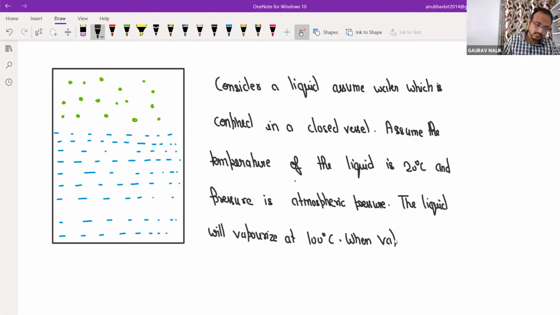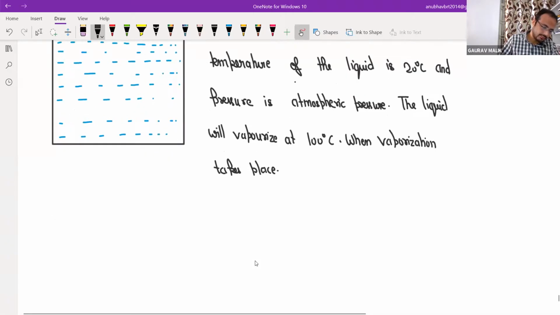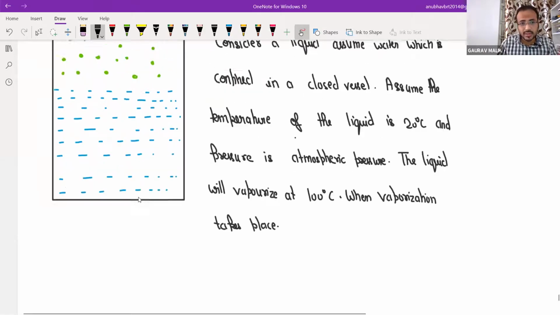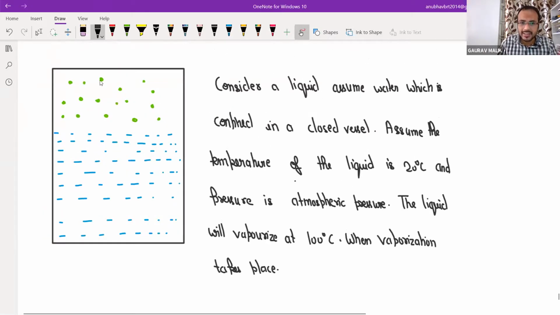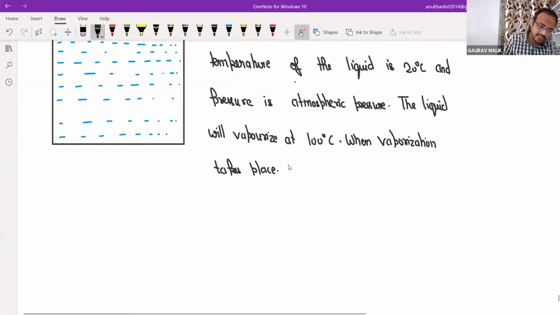Then vaporization takes place. Then what will happen? Then the molecules will escape from the liquid surface, and these are the escaped molecules.